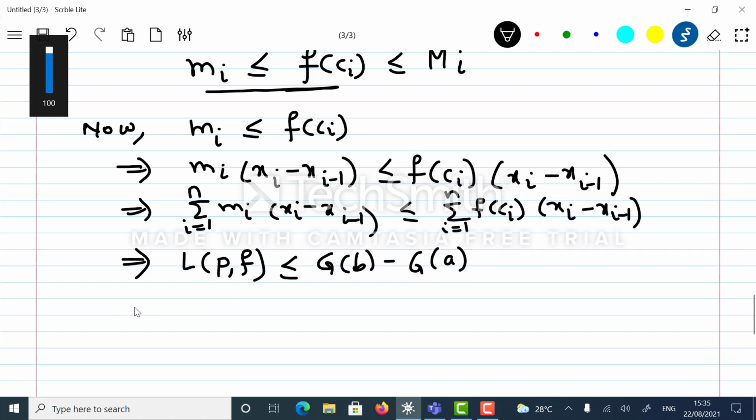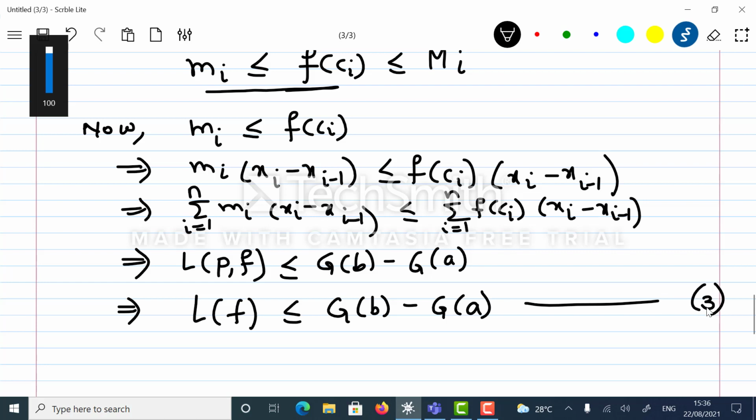Now since P is any partition, if I take the supremum over it, then the supremum of all L(P,f) such that P is any partition will be my L(f). And this is a constant, so it will not change. So it is g of b minus g of a only. Let me call this number 3.